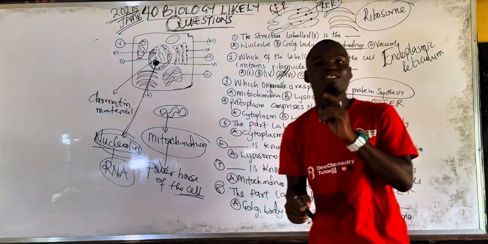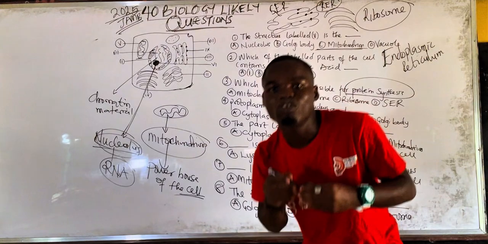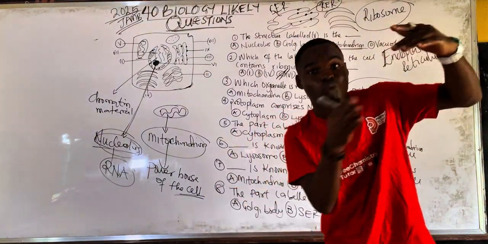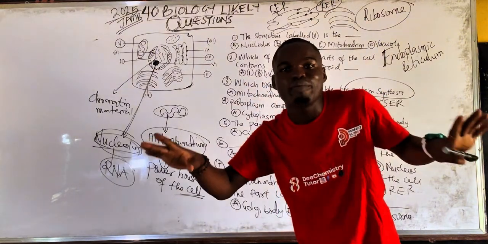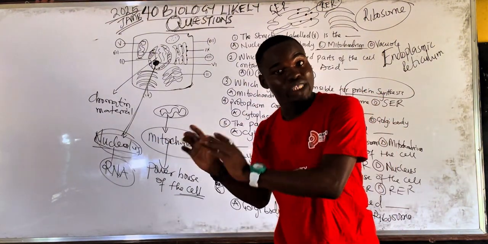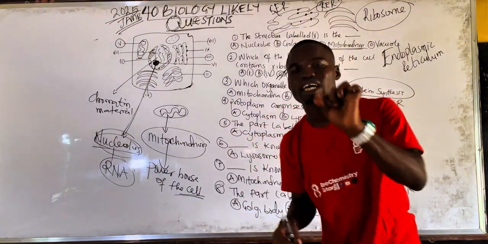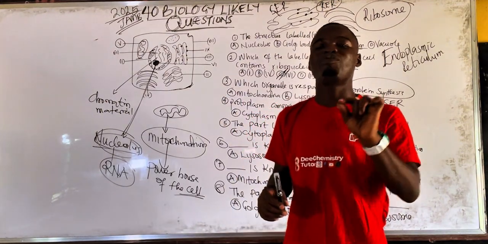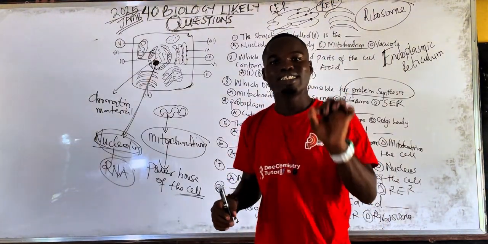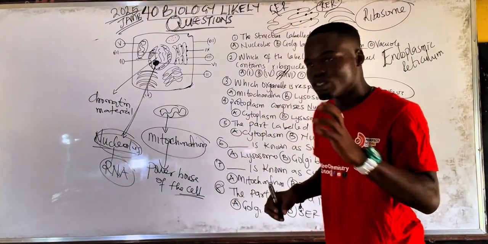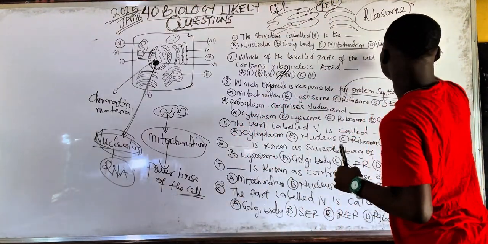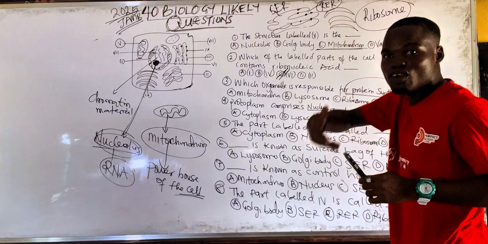So in two senses, we can have the rough endoplasmic reticulum be responsible for protein synthesis because of the encrusted ribosome, or ribosome in itself responsible for protein synthesis. While smooth endoplasmic reticulum is responsible for steroid synthesis. Okay? Sometimes they call it lipid and steroid synthesis.